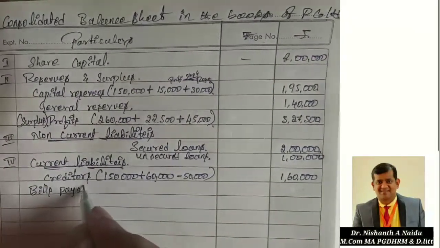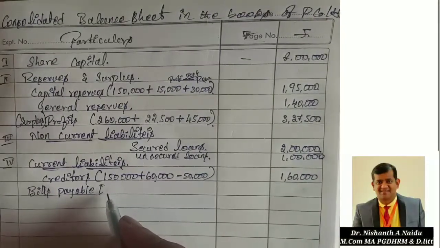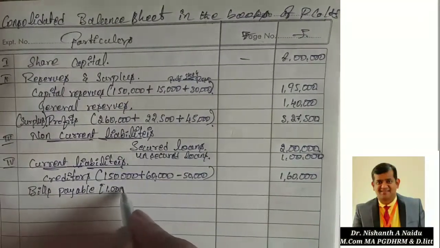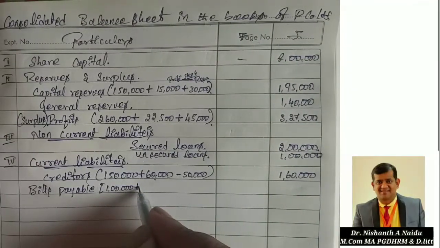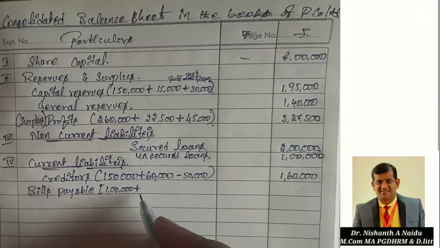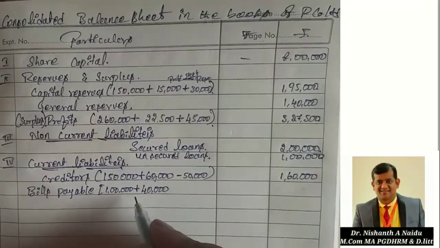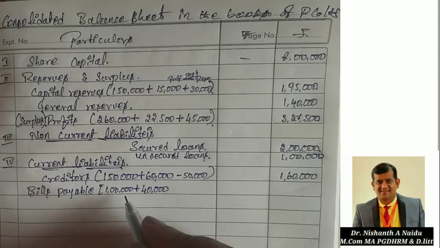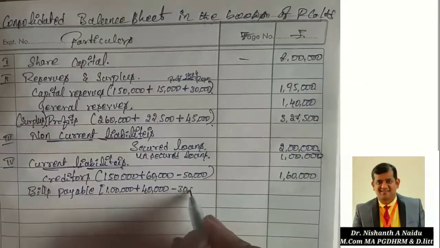Then let us go for bills payable. How much has he given? That is 1 lakh rupees for P Company plus Q Company 40,000. Adjustment number 1: bills payable of Q Company Limited includes rupees 30,000 due to P Company Limited. So minus 30,000.